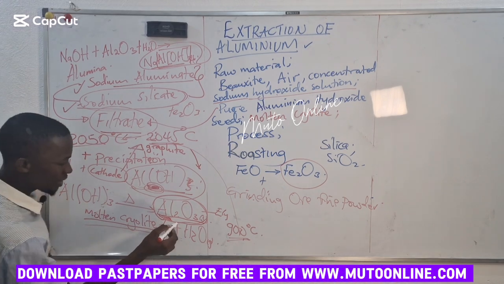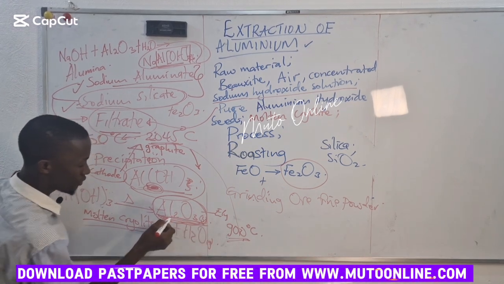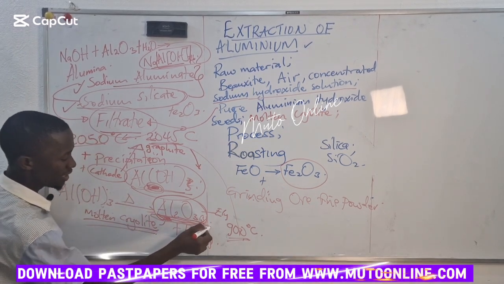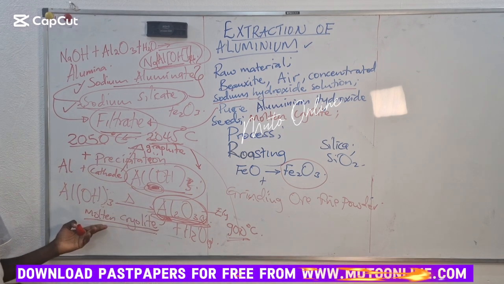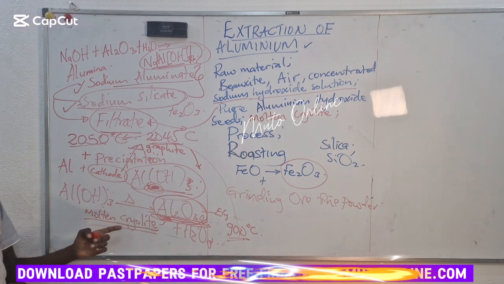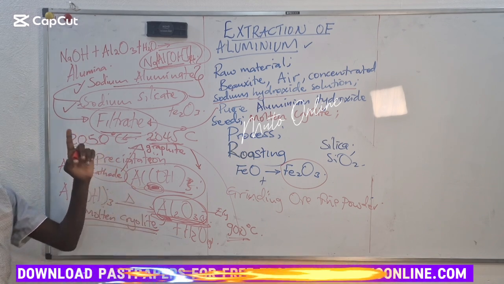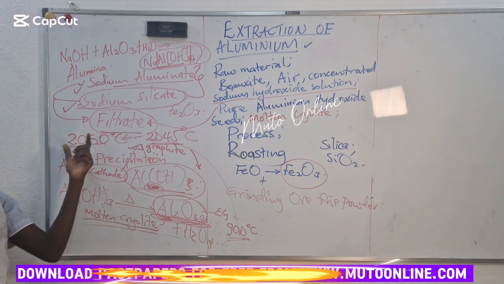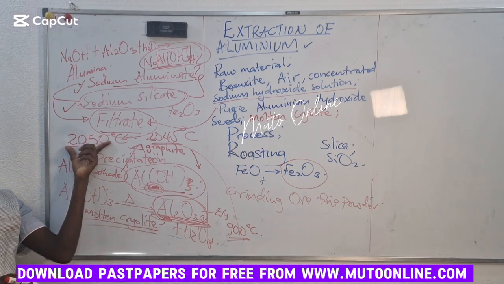The formed alumina, or the aluminium oxide, is then further dissolved in molten cryolite, which lowers its melting point from the otherwise high temperature of over 2045 degrees Celsius.